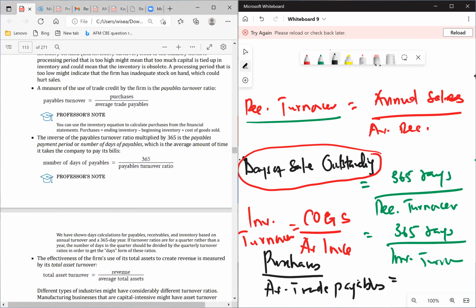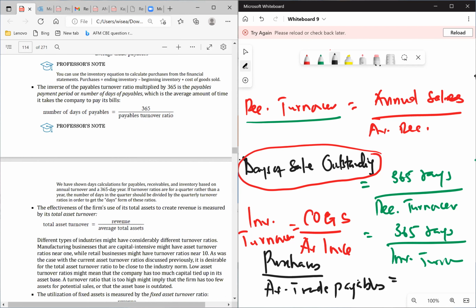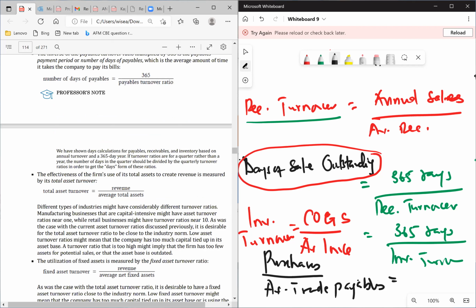Once the number of days payable is higher, it means that we are keeping cash. We are more efficient. Then the asset turnover is the efficiency of how quickly you can turn your assets into what? Revenue. How you utilize your assets to generate revenue. That will be revenue divided by average total assets.